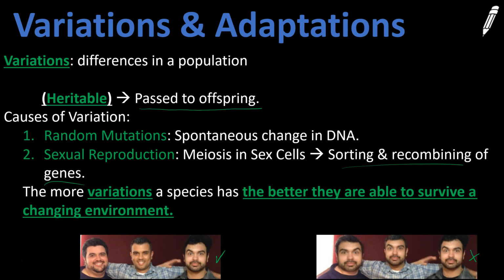Well, if we all have the same characteristics, same traits, same strengths, same weaknesses, then if we're exposed to that common weakness, our species is wiped out. Okay? However, if we have a variety of traits and a variety of characteristics within our species, then our species is more stable. There's a higher likelihood that at least some of us will survive and reproduce. Okay? So variation is a good thing.